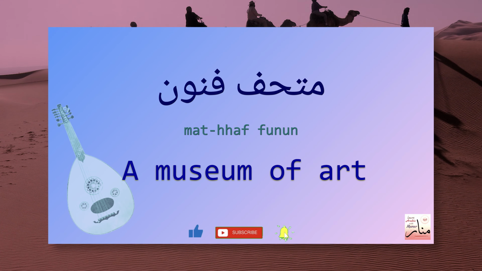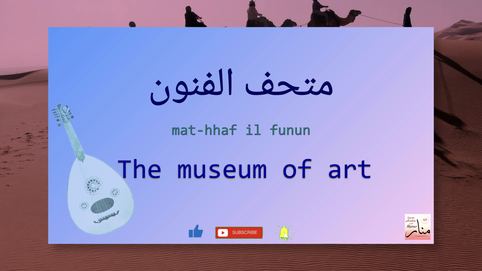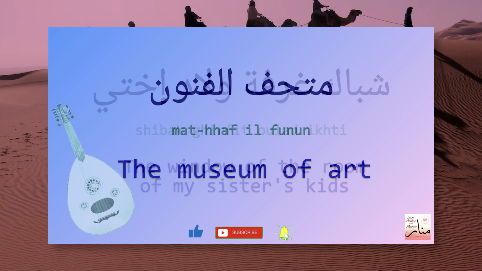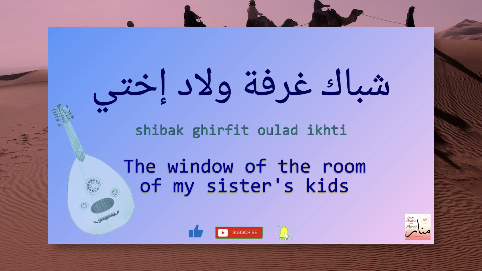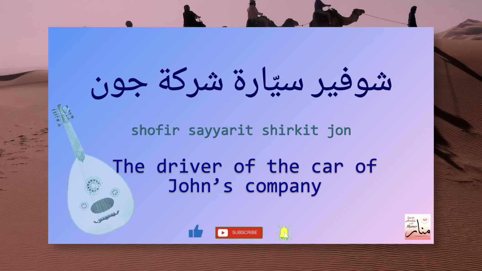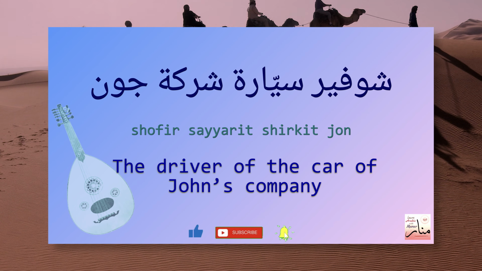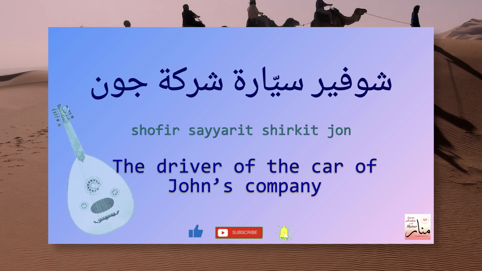A museum of art, متحف فنون. The museum of art, متحف الفنون. The window of the room of my sister's kids, شباك غرفة ولاد أختي. The driver of the car of John's company, شوفير سيارة شركة جون.